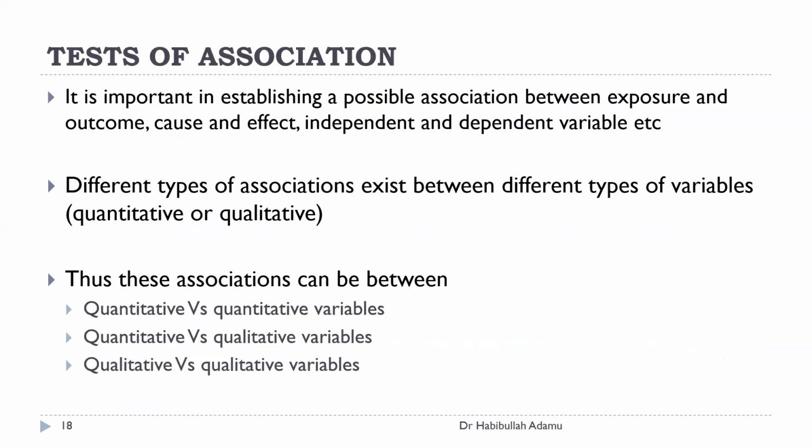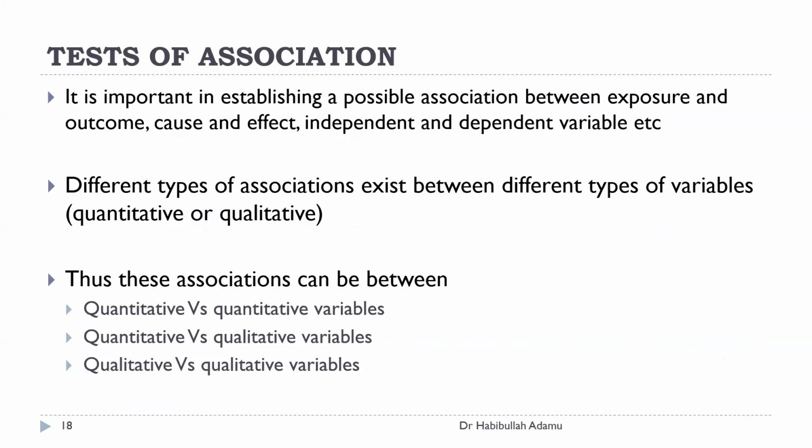So, test of association. Some of these statistical tests are used in testing association, because variables that coexist together, some are associated with each other while some are not.